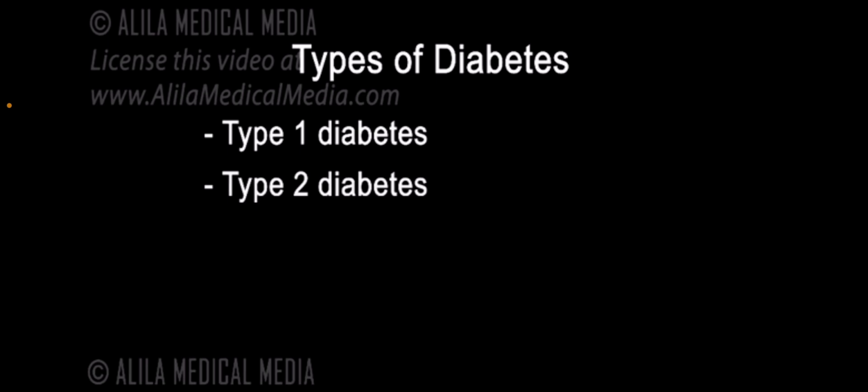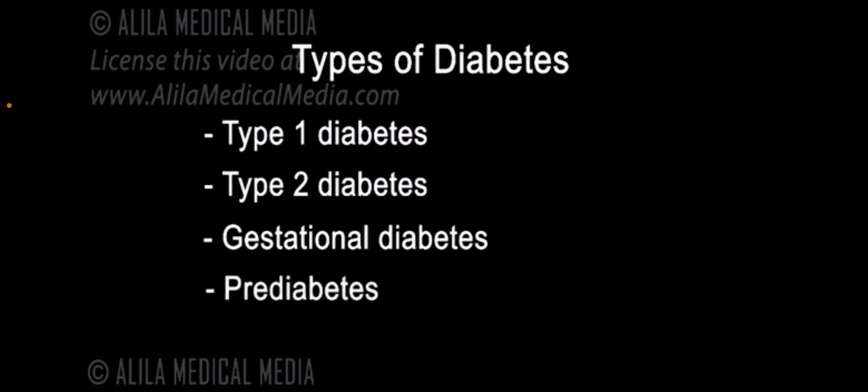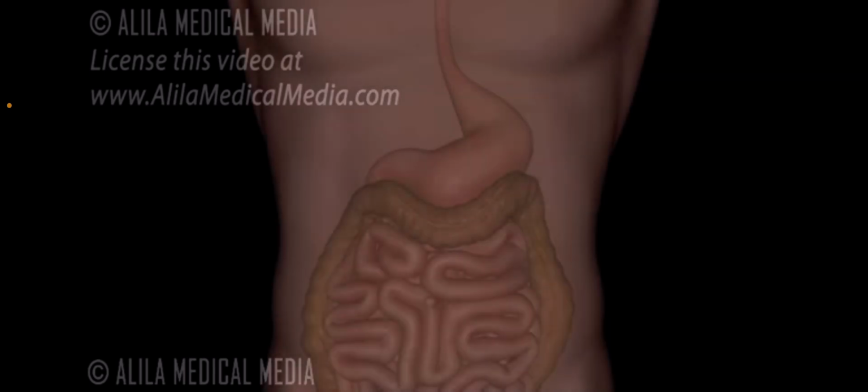Pregnant women may acquire a transient form of the disease called gestational diabetes, which usually resolves after the birth of the baby. Prediabetes is when the blood sugar level is at the borderline, higher than normal, but lower than in diabetics. Prediabetes may or may not progress to diabetes.